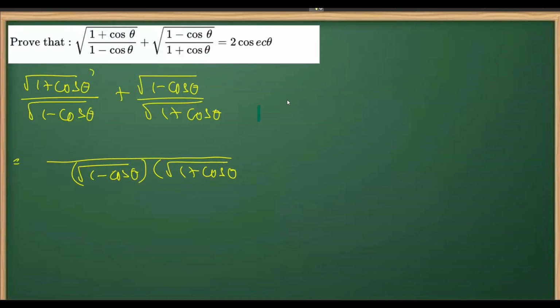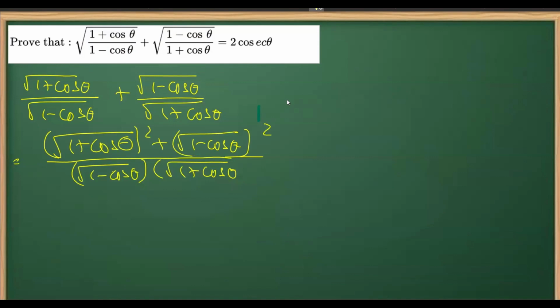If you multiply this under root 1 plus cos theta with under root 1 plus cos theta, the under root will get cancelled because it will be 1 plus cos theta under root whole square. In the same way on the other side, it should be 1 minus cos theta whole square.